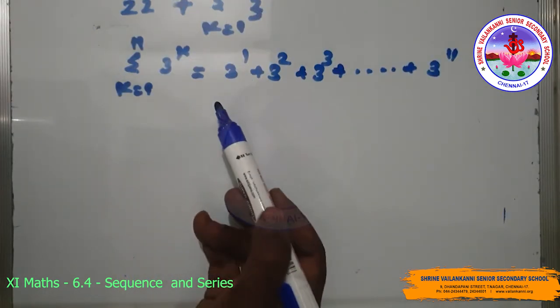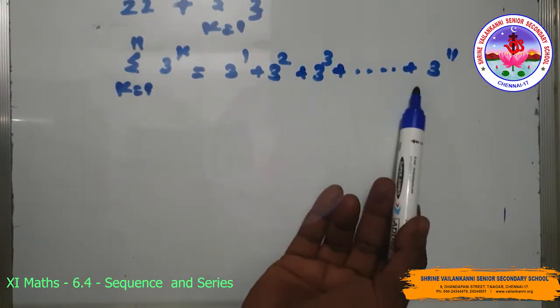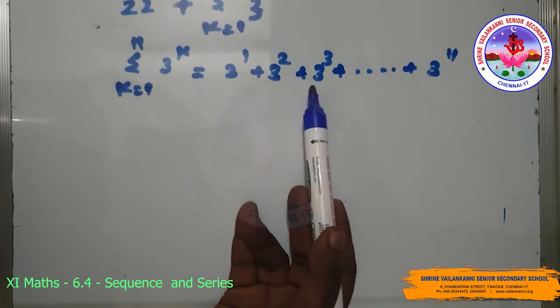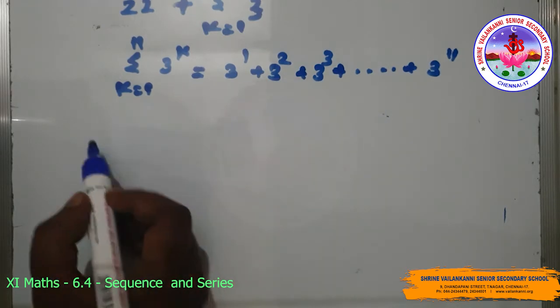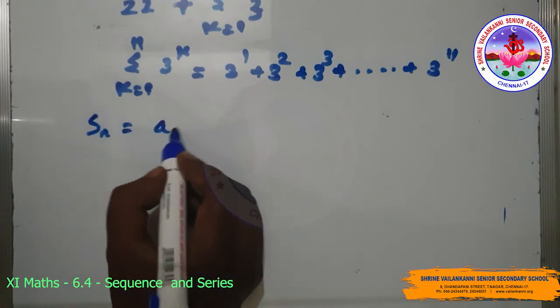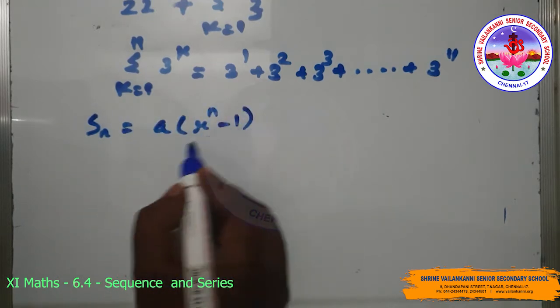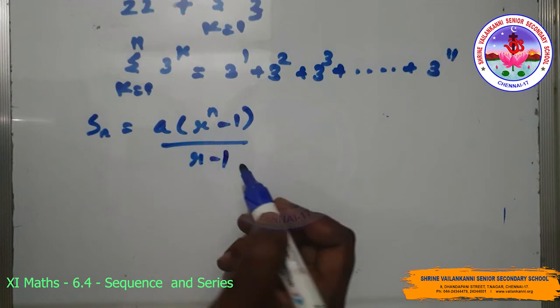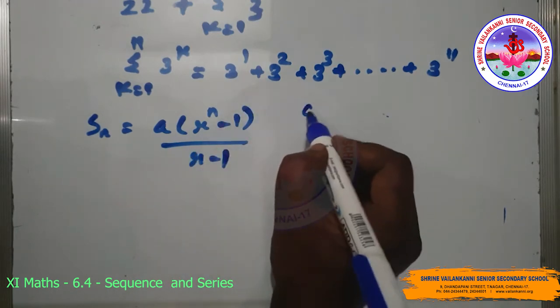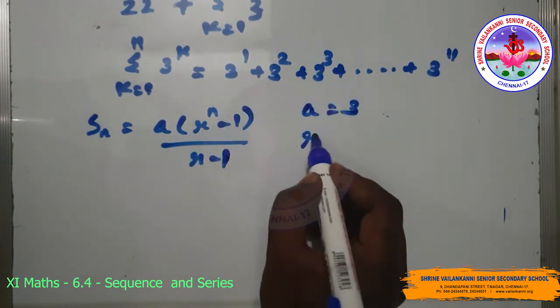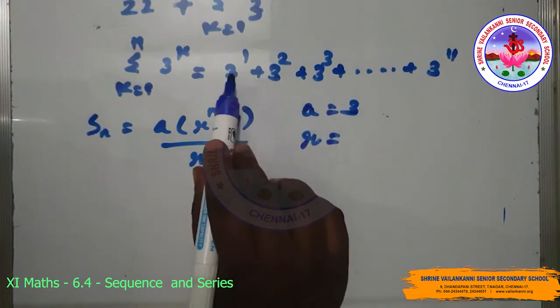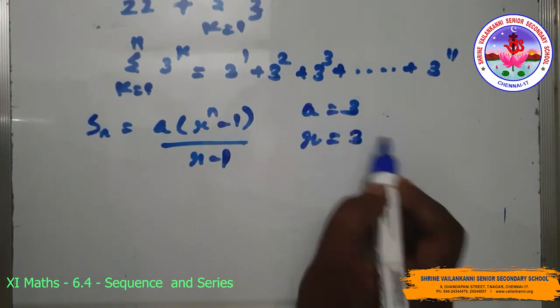We can see that the terms of this sequence form a GP. So using the formula Sn equal to a into (r power n minus 1) by (r minus 1). Here the first term a is 3 and the common ratio r is 3 square by 3, which is 3.